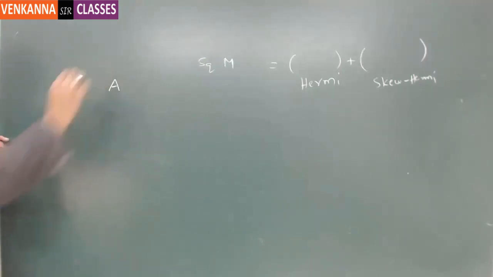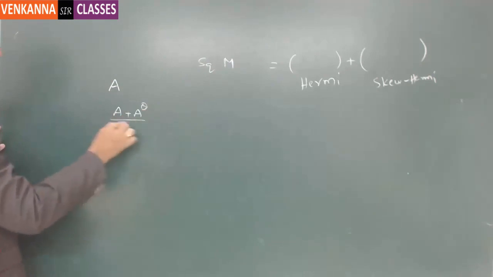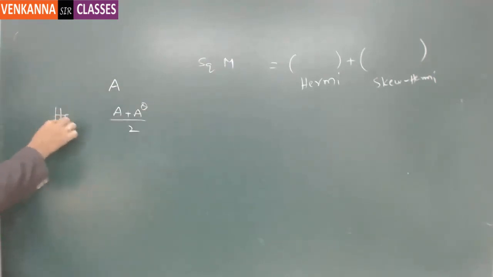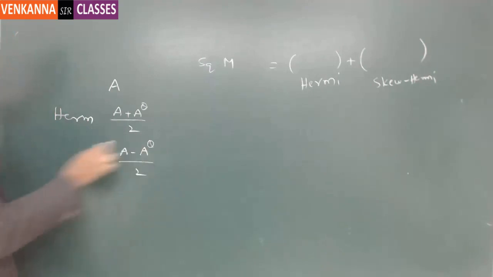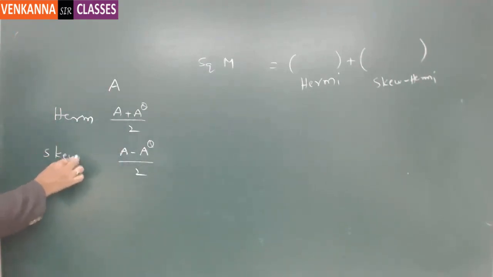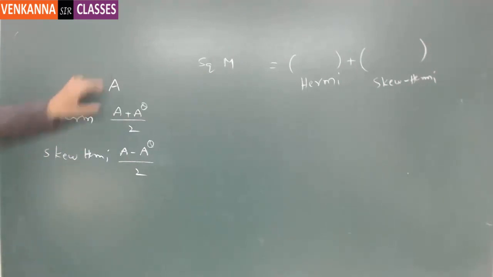Whenever you have a matrix A, we calculate (A plus A^θ) by 2, which is the Hermitian matrix. For the second one, we calculate (A minus A^θ) by 2, which is skew-Hermitian. So A is represented as the sum of these two.